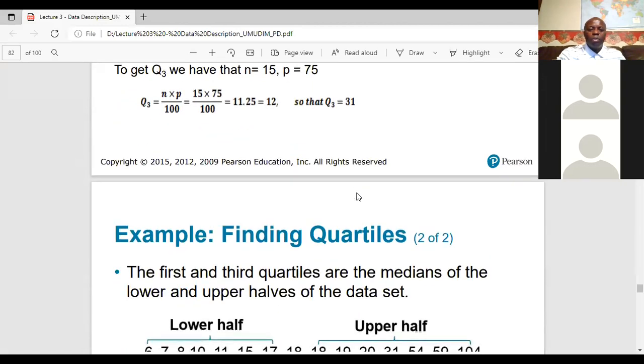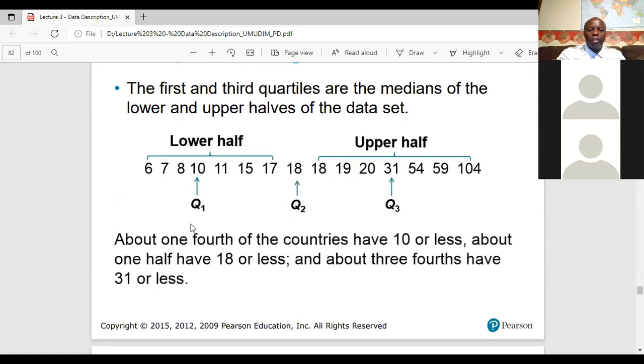You can see the way I wrote it here: Q1 is 10. Can you see it? I see it right here. Yes. Okay.